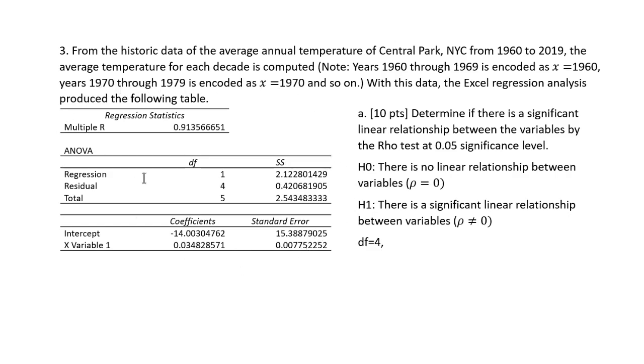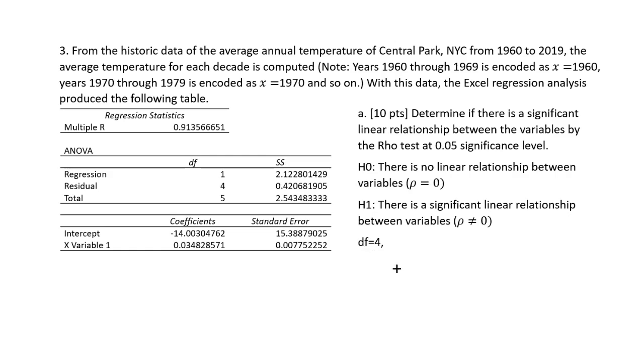Okay, there's also the degrees of freedom for the regression, and that is actually same as just the number of variables. So in simple regression, you just have one predictor, the years, so that's why it's 1.